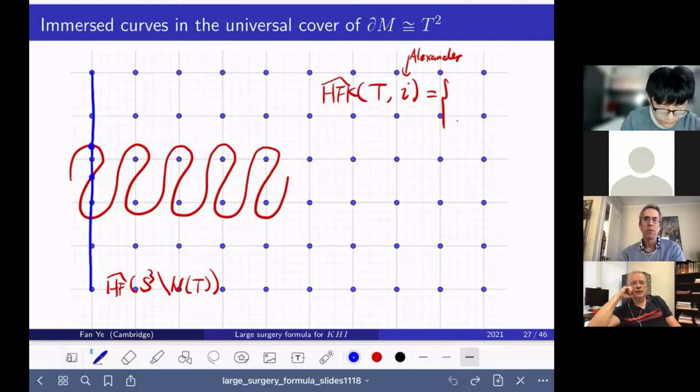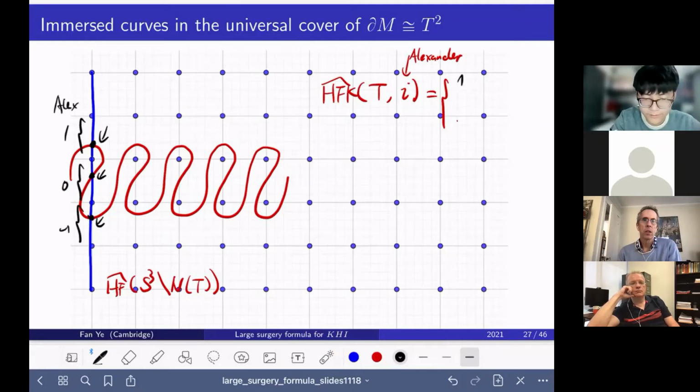There are three intersection points in different Alexander gradings, so this is one-dimensional in the Alexander gradings 1, 0, and -1.